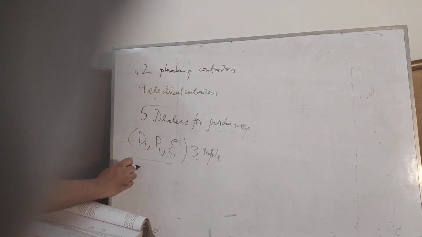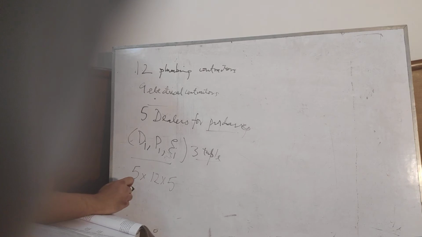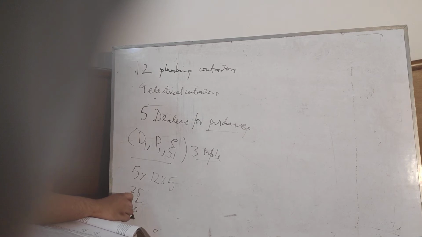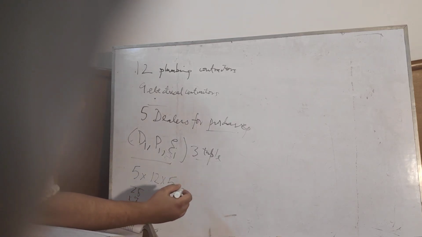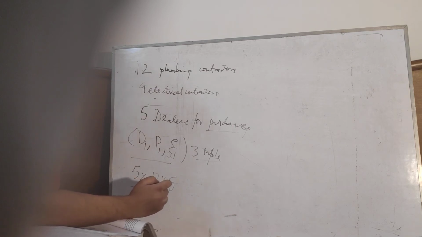You have 5 into 12 into 9, that would be 60 into 9, that would be 540.